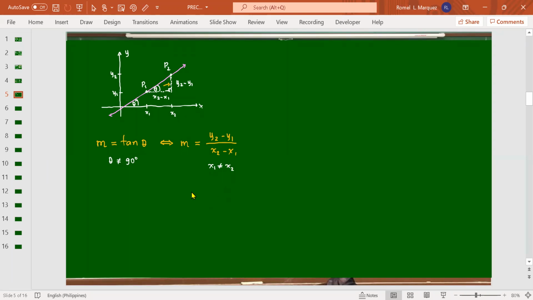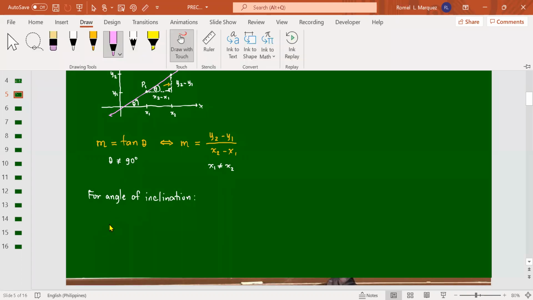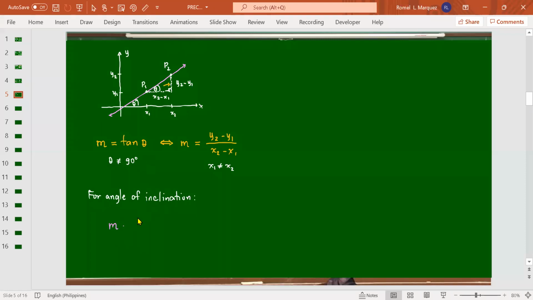Now, if you're going to solve for theta here, we have m is equal to tangent theta.